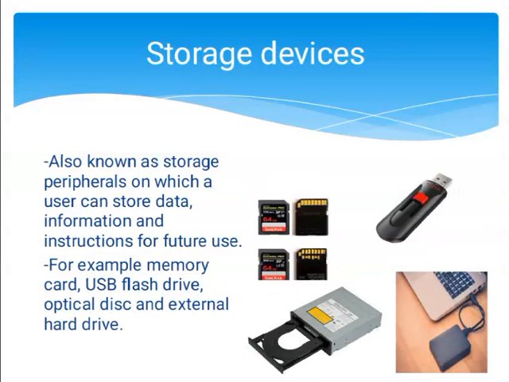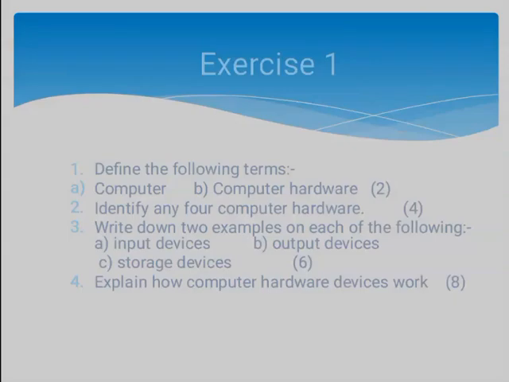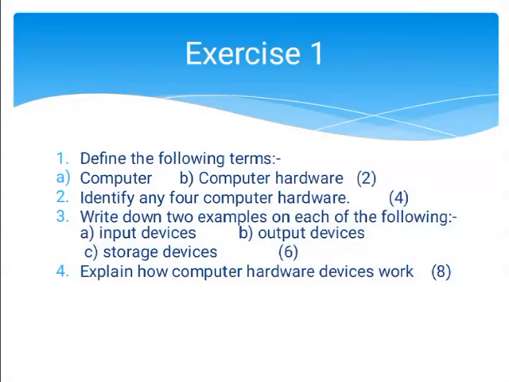For example, memory card, USB flash drive, optical disc, and external hard drive. All these storage devices examples are used for storing information. So that's all about the types of computer hardware.